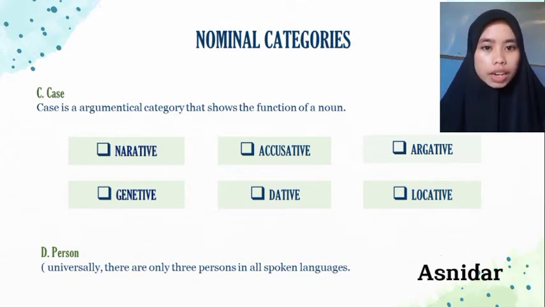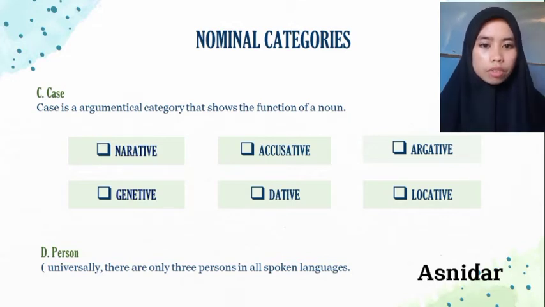3. Ergative. A verb which can be used either transitively to focus on the person who performs an action, or intransitively to focus on the thing affected by the action. 4. Genitive. The possessive form of a noun. 5. Dative.